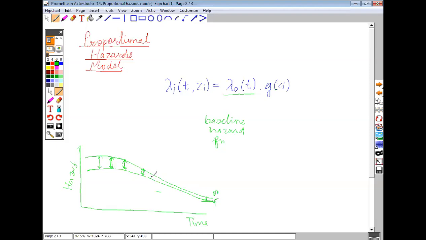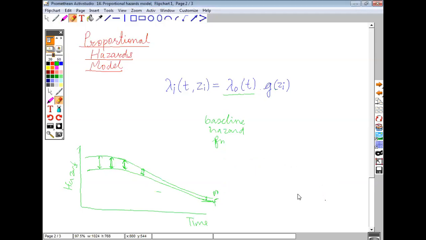No, because here let's say if male is taking the value 4, then a half of it will be 2. But if the male is taking the value 1, a half of it is just going to be 0.5. So the difference between 1 and 0.5 is 0.5, and the difference between 4 and 2 is 2. So you expect the difference to decrease in number as the value for this hazard function also decreases.